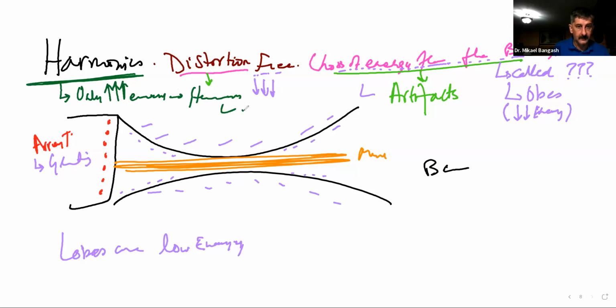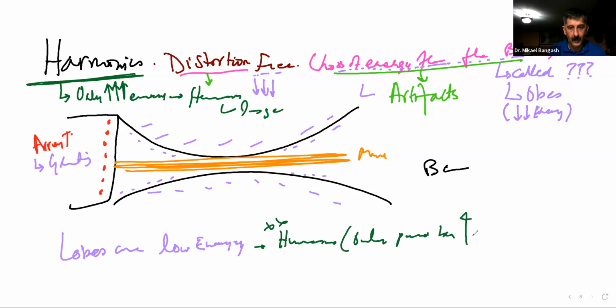And P is part of the harmonic image. So mainly because your lobes are low energy, they can't produce what we can call harmonics, because harmonics are only produced by high energy.